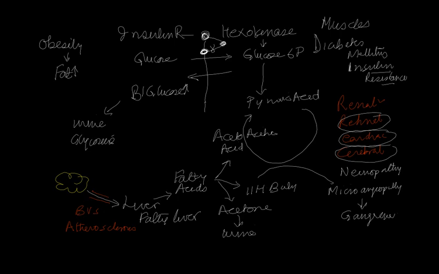So how to bring these receptors back onto the muscle cell wall? The answer is exercise. And this exercise has no incremental effects after you do a half hour of walking per day.